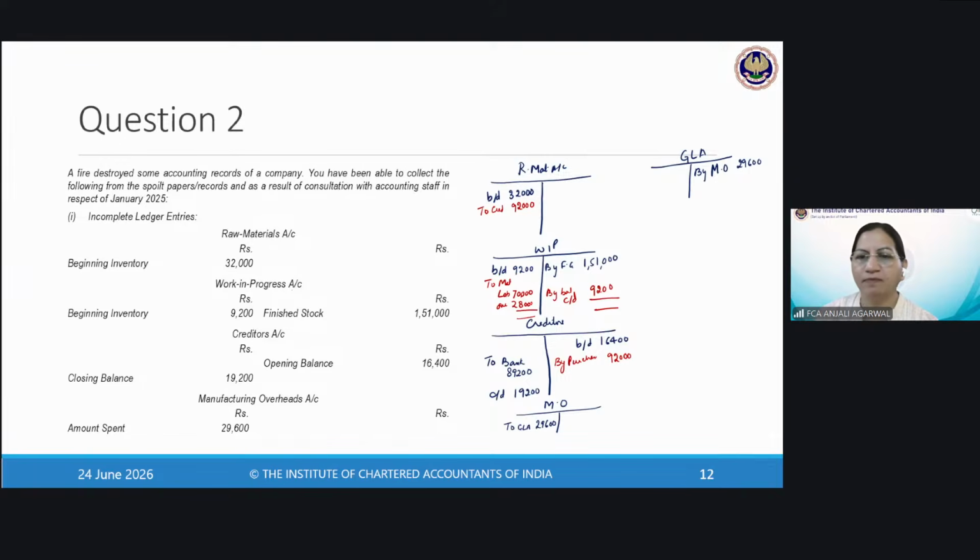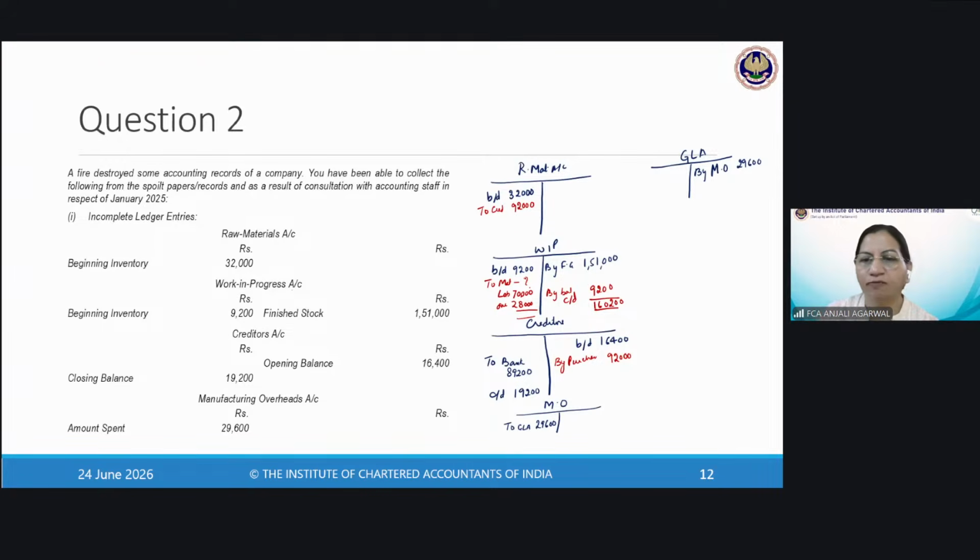So this will give us the balancing figure of how much is the material issued to WIP. 1,51,000 plus 9,200 is 1,60,200, out of which 9,200 was opening balance and 70,000 was wages and 28,000 was overheads.